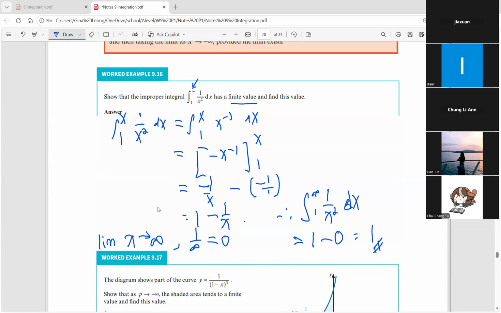So you will approach 0. That means it will be nearest to 0, but not touching 0. So I can set that 1 over infinity, I will get 0.